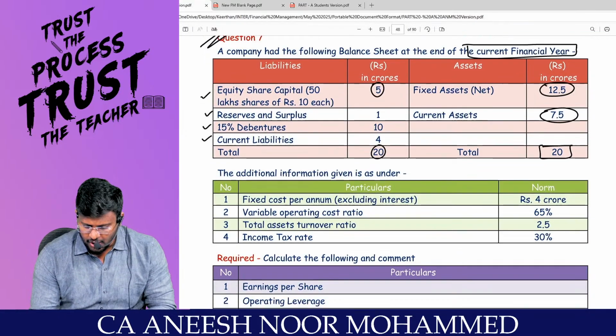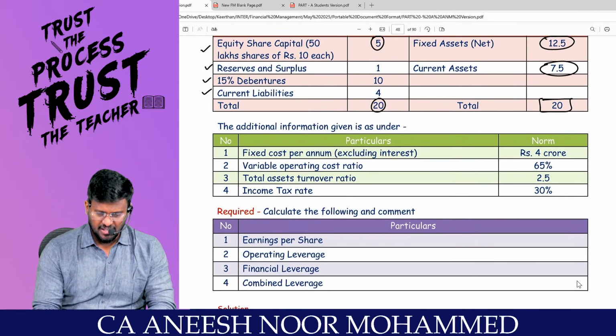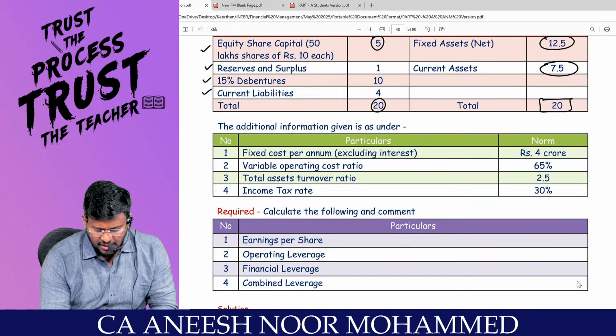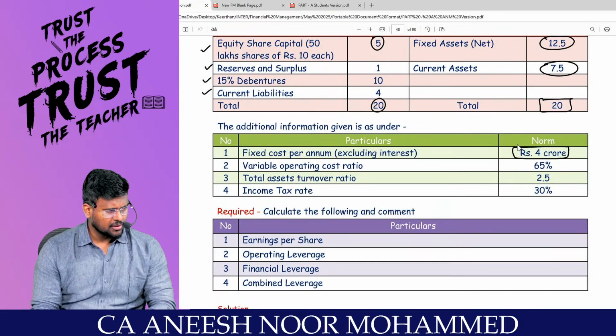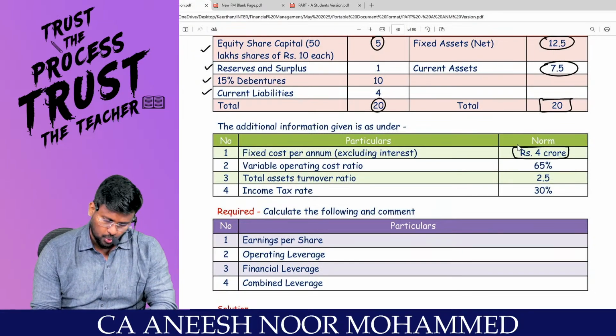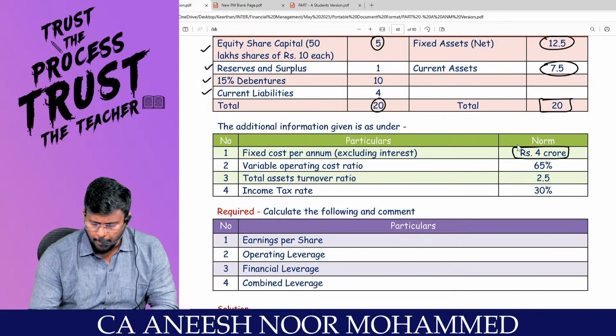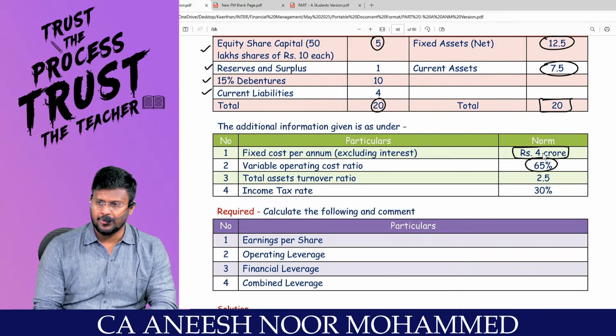The additional information given is as under. Fixed cost per annum excluding interest is 4 crores. That means fixed operating cost is 4 crores. Variable operating cost ratio is 65%.